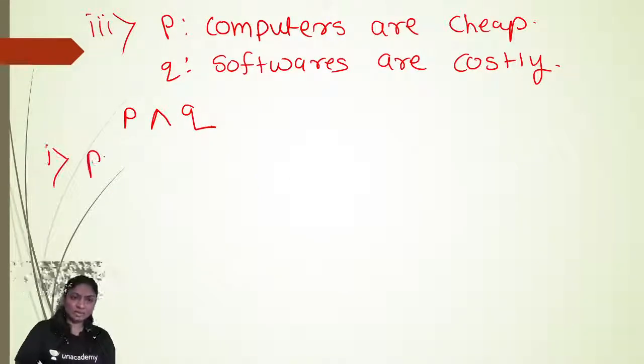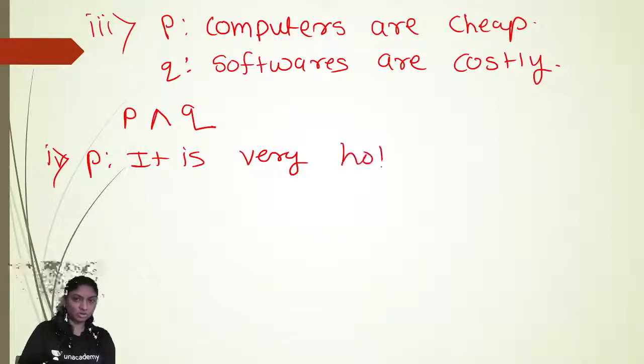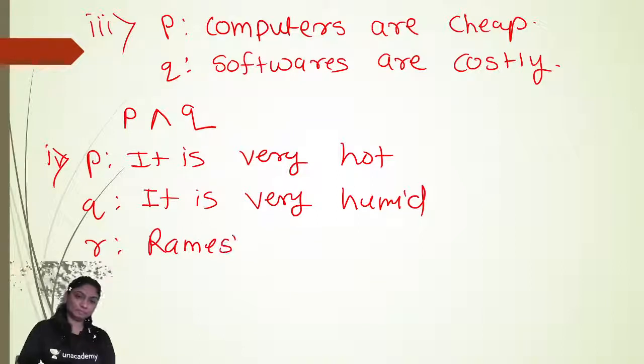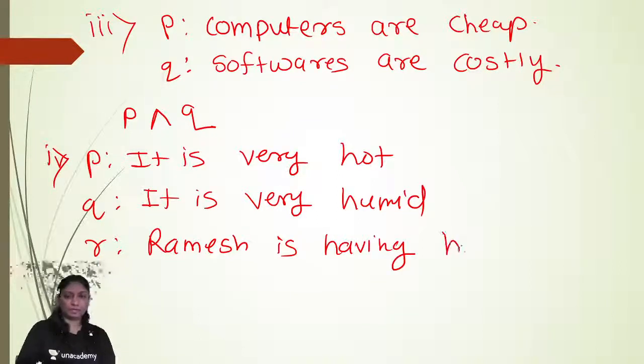So first of all we will write the statements separately. P is: it is very hot. Q is the statement: it is very humid. R is the statement: Ramesh is having heart problem.